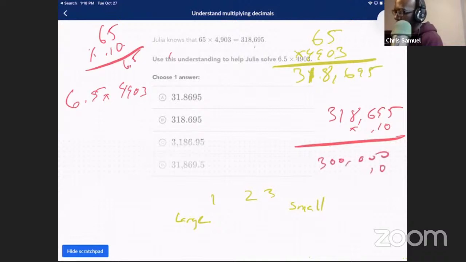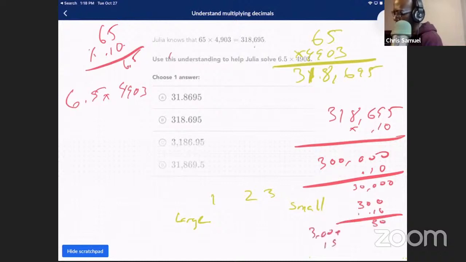So we know 300,000 is going to be 10% of... 300,000 is I think like 30,000, and 10% of 300 is $30, and 10% of 3,000 is... Am I doing it right? 10% of 3,000, I think that's 300.